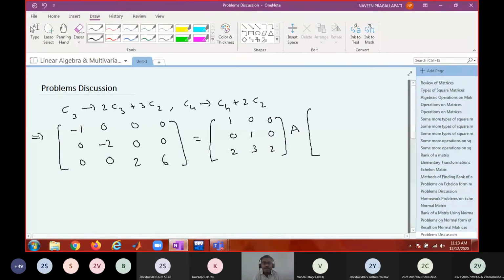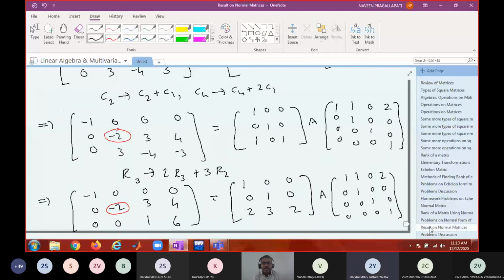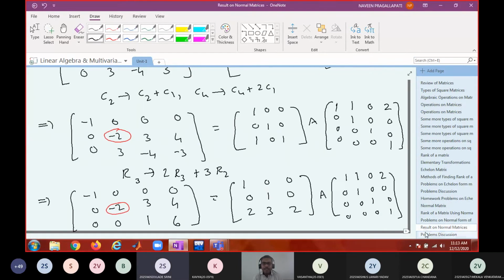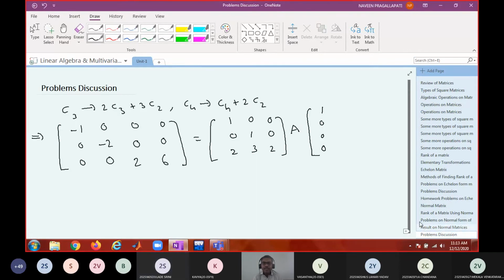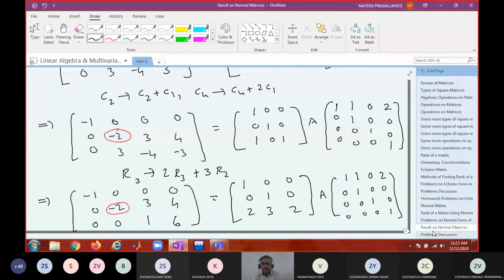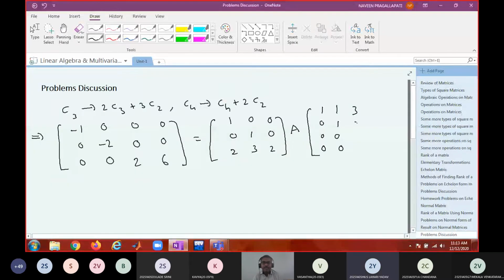What is the first column? 1, 0, 0, 0. 0, 1, 0, 0. Now can you tell me the third column after applying the operation? 2C3 plus 3C2: 3, 3, 0, 0. Can you tell me the last column? C4 plus 2C2: 4, 2, 0, 1.